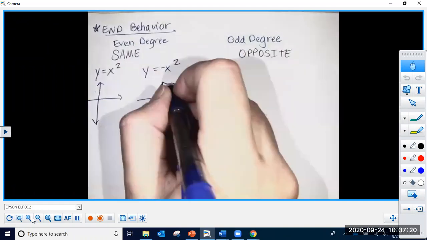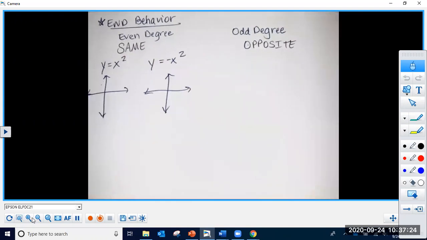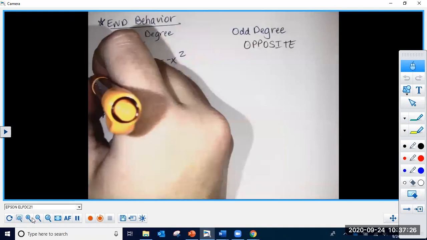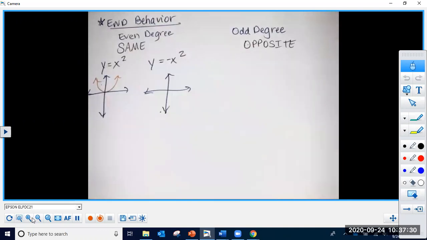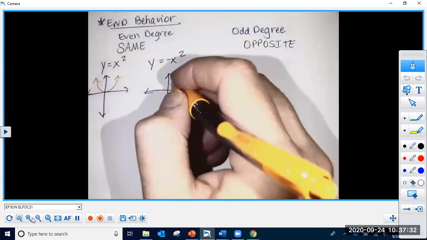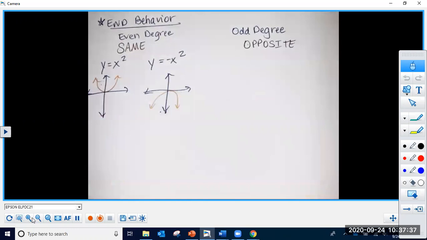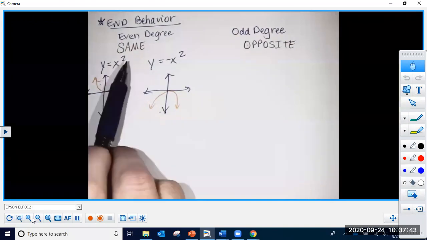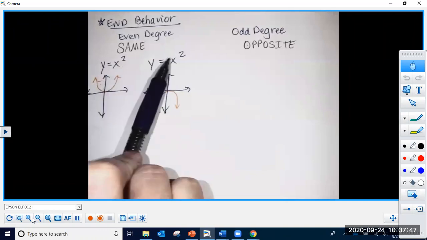Y equals x squared would be a parabola going up, and negative x squared would just mean it is flipped down, or reflected across the x-axis. Of course, we can see that the degree for both polynomials is 2, so it's an even degree.